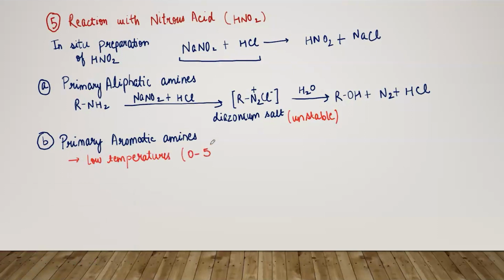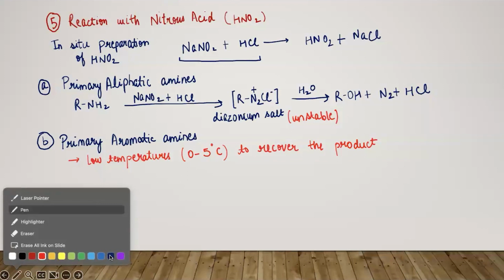Generally 0 to 5 degrees Celsius is preferred to recover the product. तो आप समझ रहे हो, you should know the difference कि हम low temperatures primary aliphatic amines में क्यों use नहीं कर रहे हैं. Because the aliphatic diazonium salts are not that useful. But the aromatic diazonium salts are very useful industrially. That is why we want to recover them.